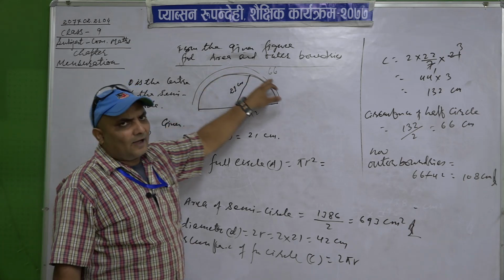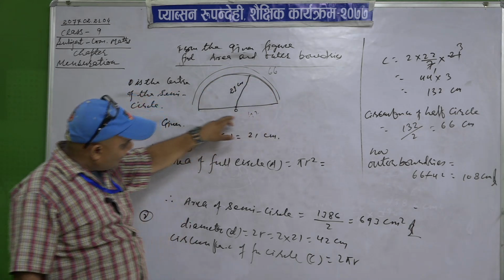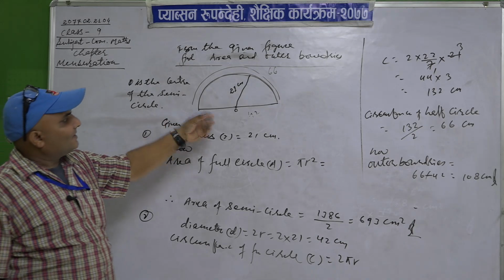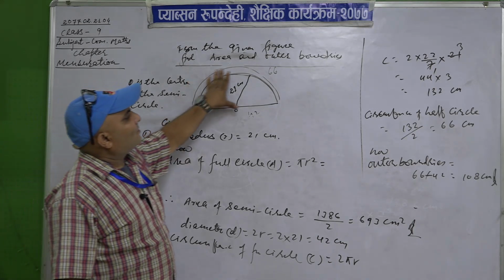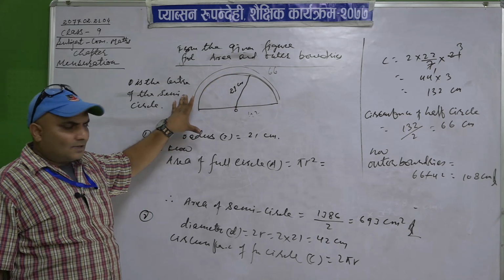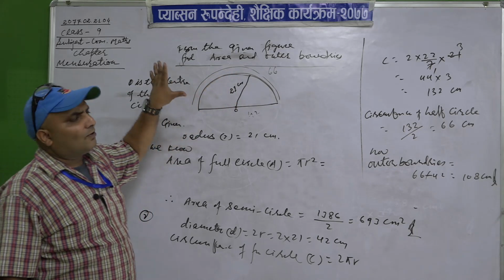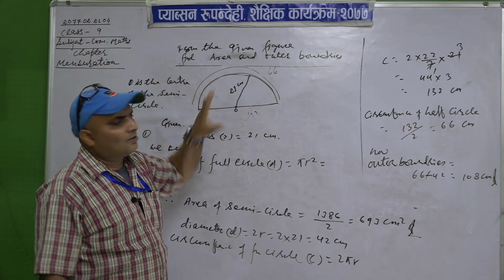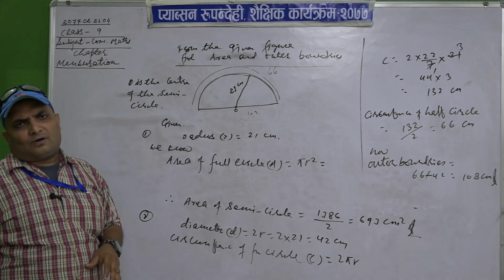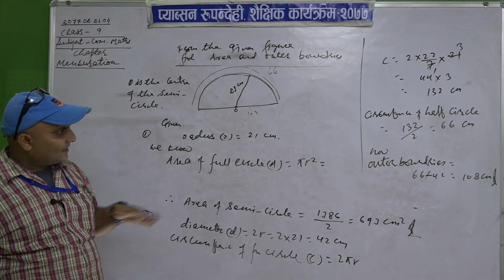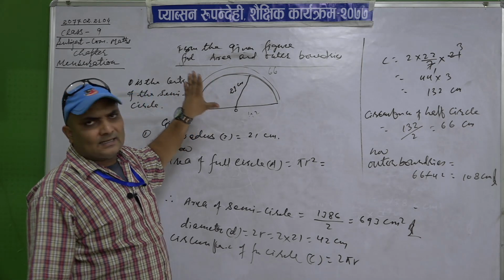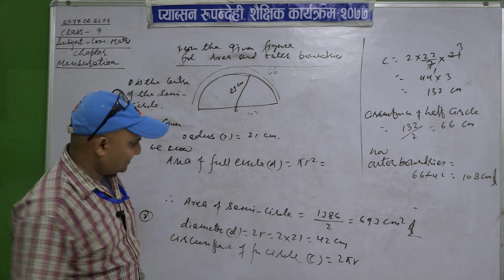First we find the half circumference of the half circle and we add the diameter. Then it will be the perimeter of the semicircle or outer boundaries or the circumference. Okay. So, this is all about the semicircle.